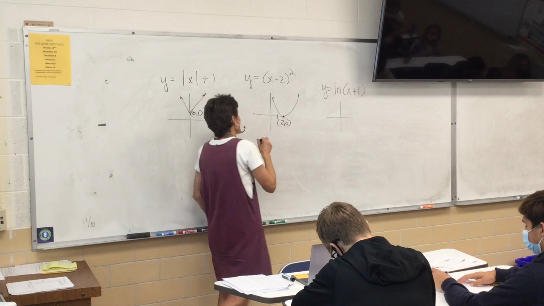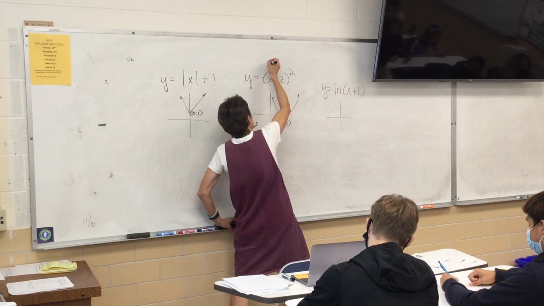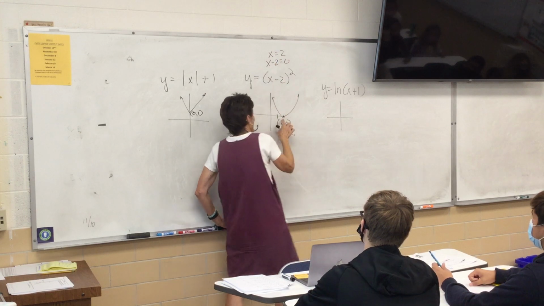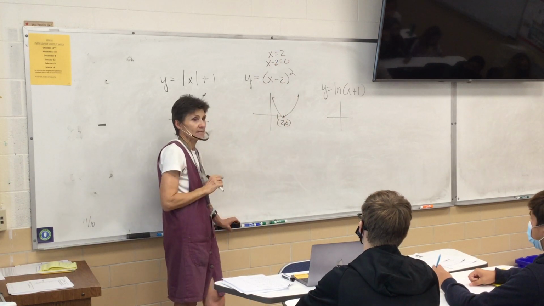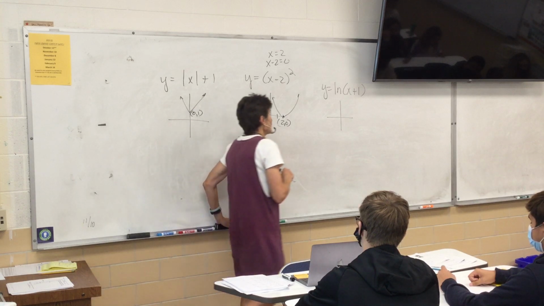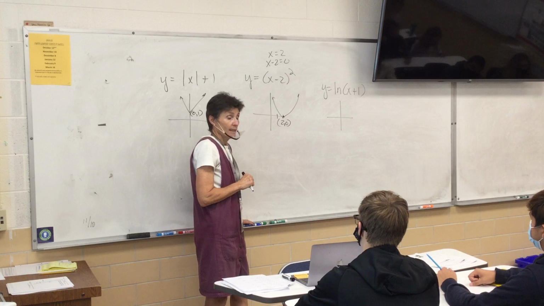I think it was Navi in the other class said, I think about it like this. If I set that equal to 0, x is 2. That's up to you. That's how he thinks about it. So this one is going to be moved 1 unit to the left.